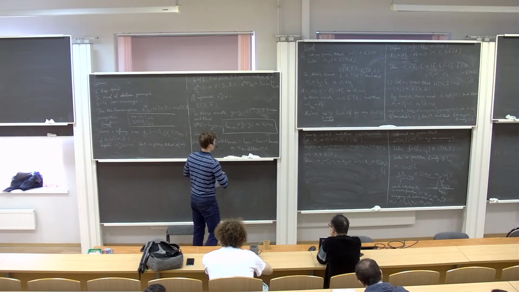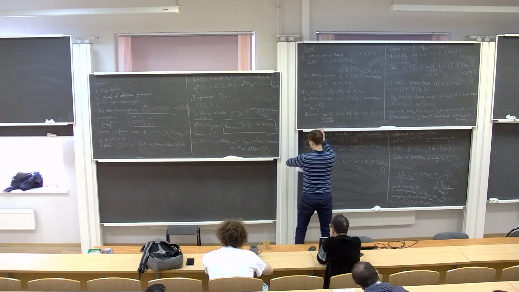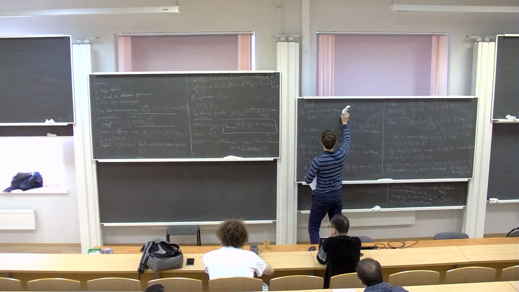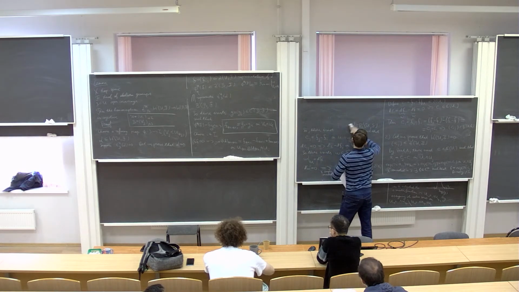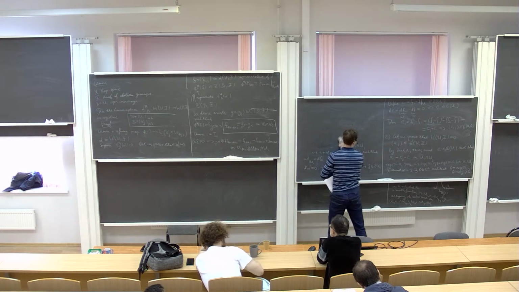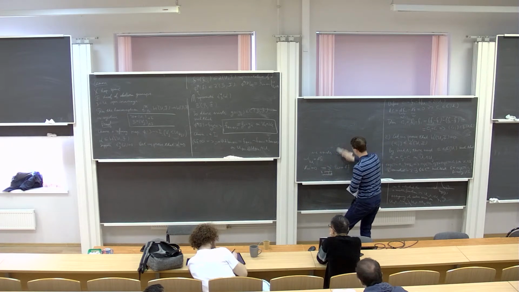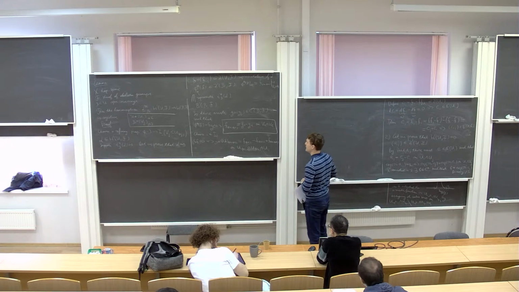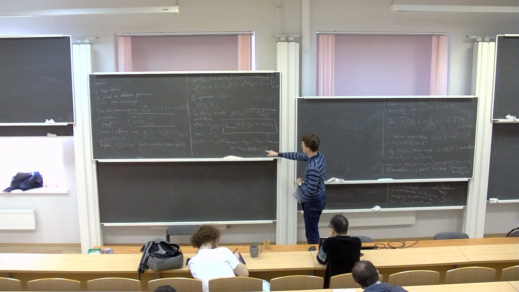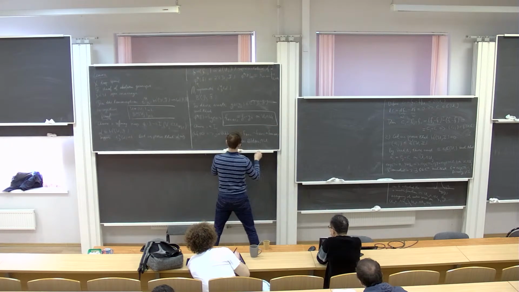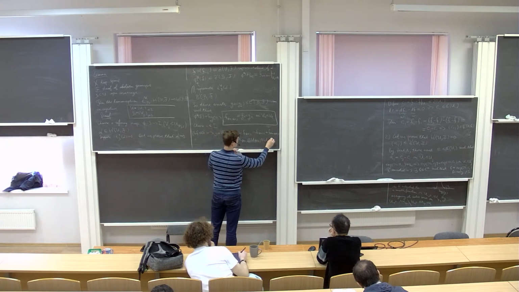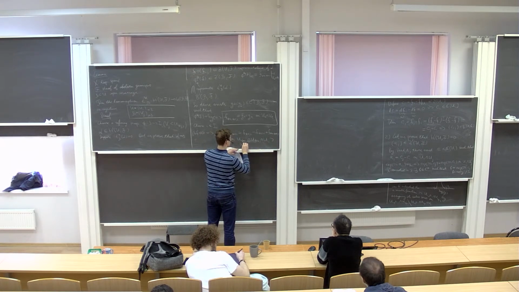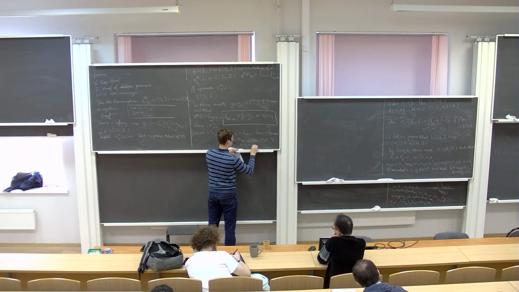Then this intersection contains V_k ∩ V_l ∩ U_i.